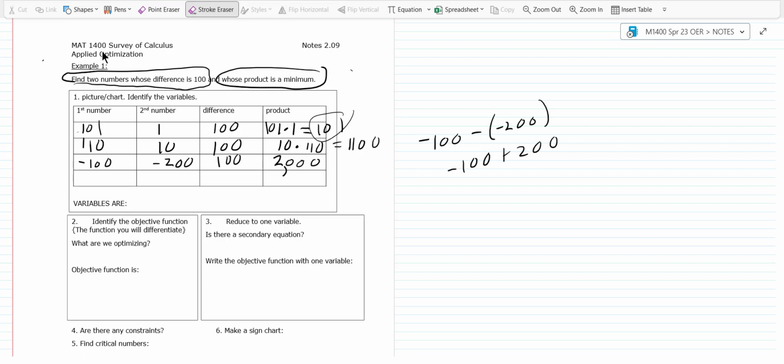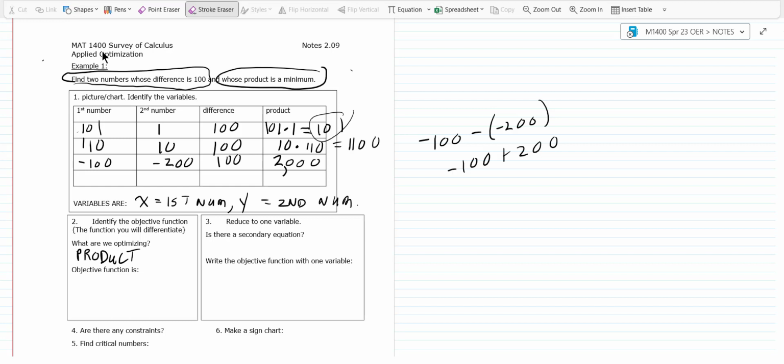Okay, so down in step 2, first of all, our variables are just going to be x is equal to the first number, and then we'll let y be the second number. Okay, what we're optimizing is the product.